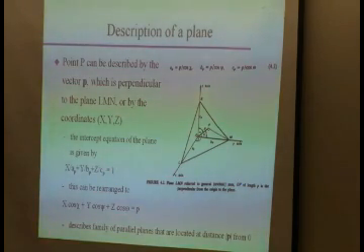Now alternatively, we can express these AP, BP and CP as a function of the angles that the vector forms. Okay? This goes back to what we have used before. Right? Cosine of an angle is equal to one of the sides divided by the hypotenuse.